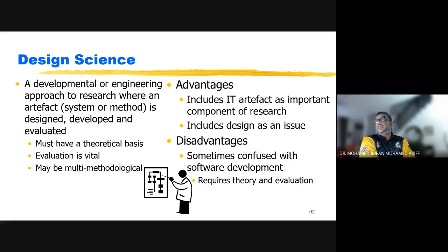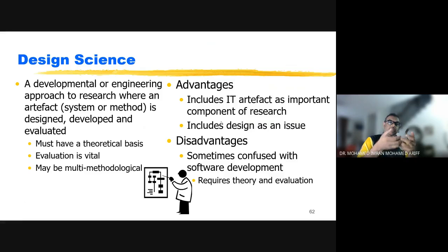Design science is basically your development or engineering approach to research where an artifact is designed, developed and evaluated. So you design that and you test it there and then. So adakah design ini sesuai untuk orang-orang buta atau tidak? So those are design science. Contohnya bila main game, okay, people in design science dia akan test.